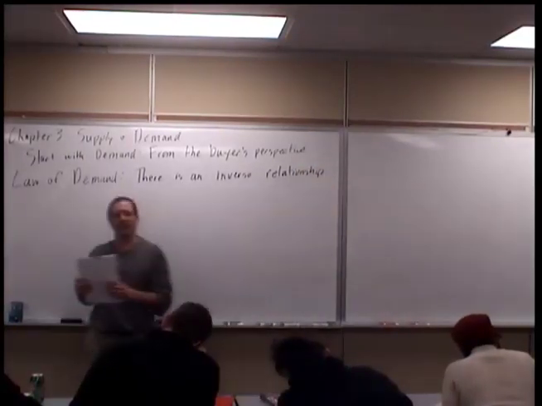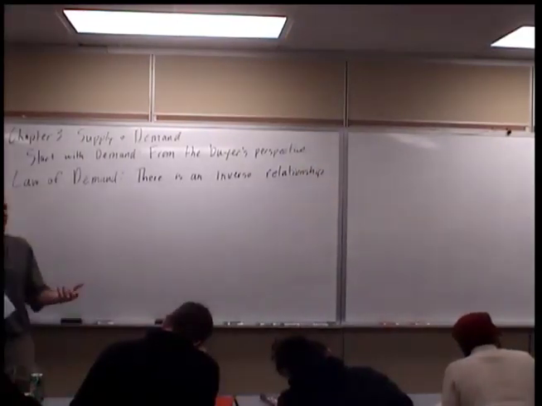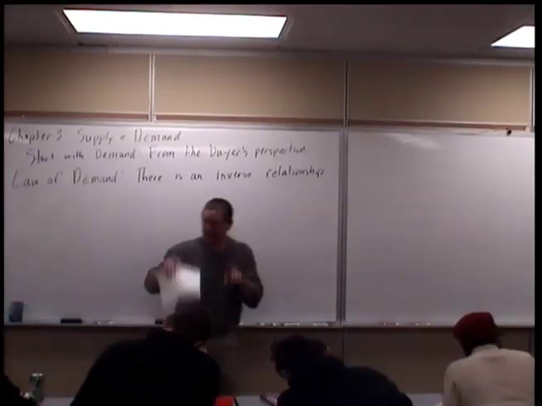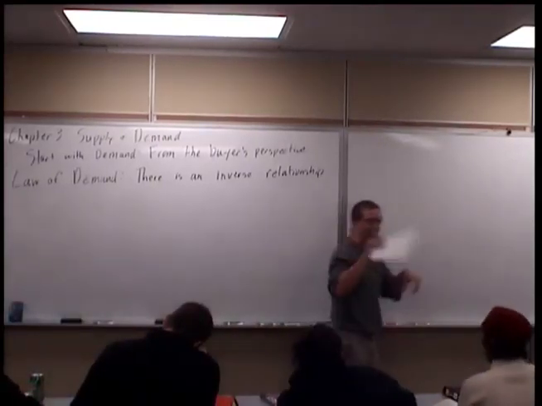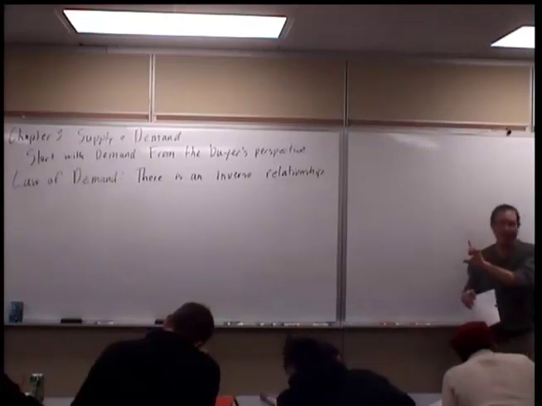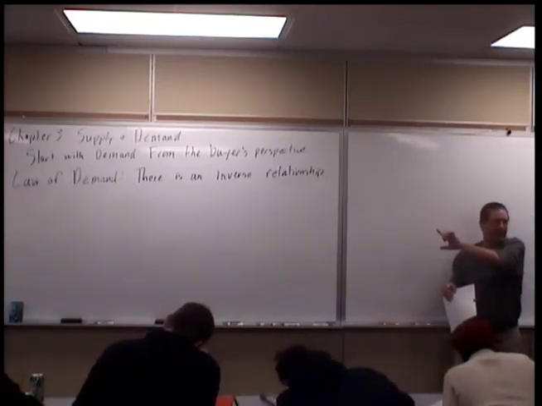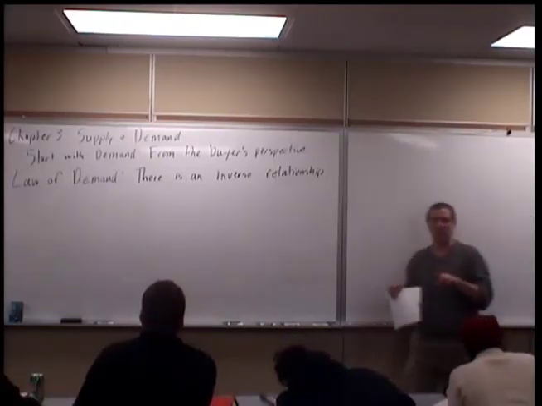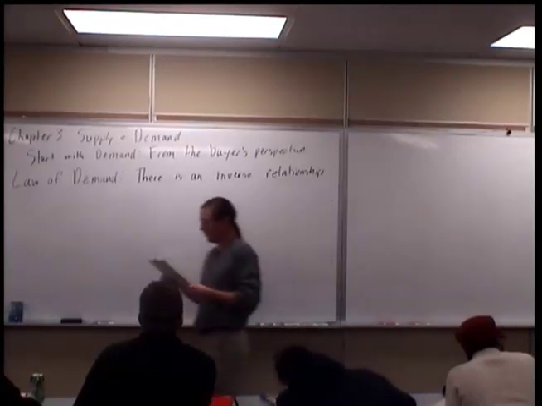Before I move even further past this, what does it mean to have an inverse relationship? Opposite, right? Things are moving in opposite directions. So the two things that I'm going to talk about that represent demand, they're going to be moving in opposite directions. If one goes up, the other one's going to go down. All right?